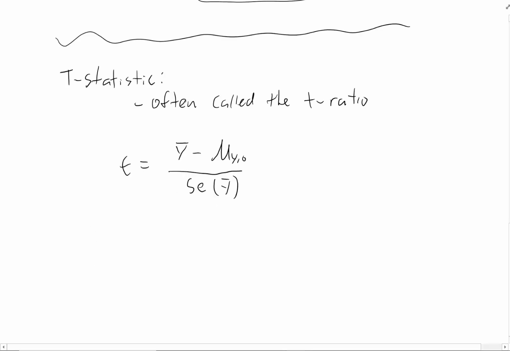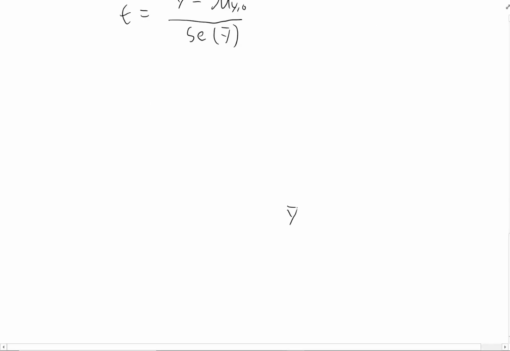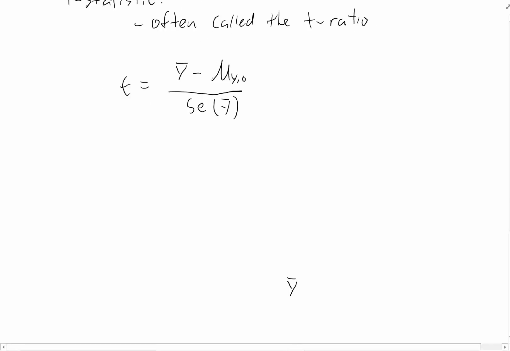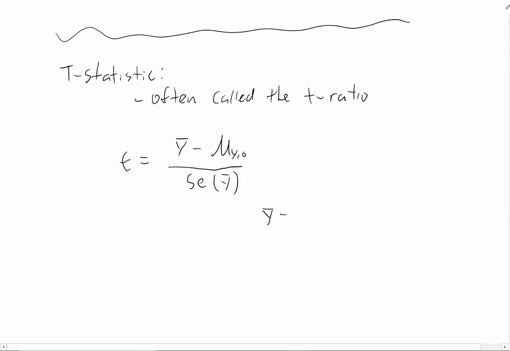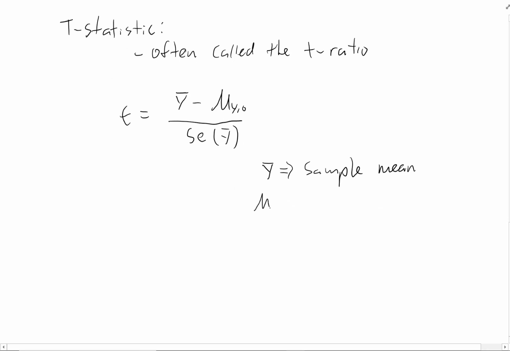To explain what everything means: y bar is our sample mean. Mu y0 is our hypothesized value, so it's some kind of number.